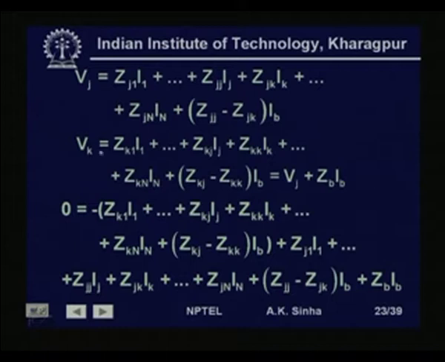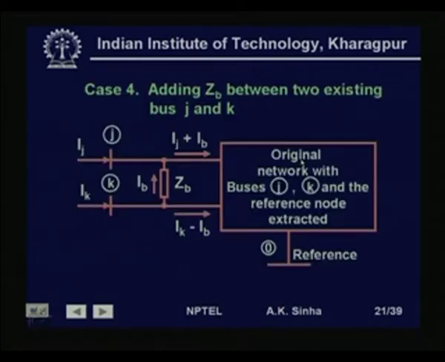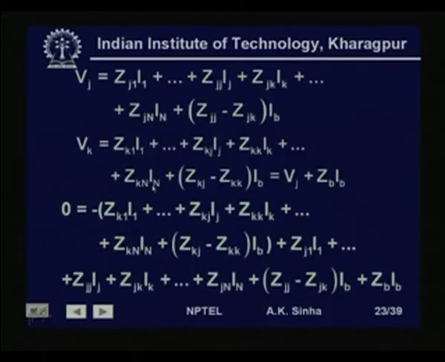this term, and what is Vk equal to? Vk is equal to, if we see from this diagram, this voltage will be equal to the voltage at this point, that is Vj, plus the drop here which is Zb into Ib. So, we can write Vk is equal to Vj plus Zb into Ib.